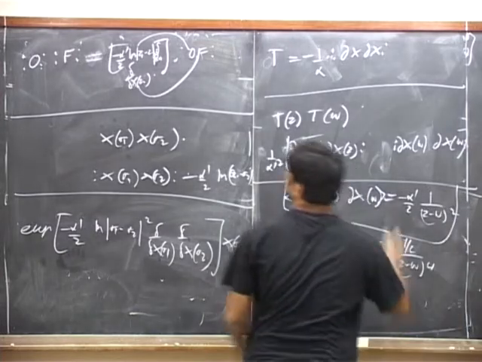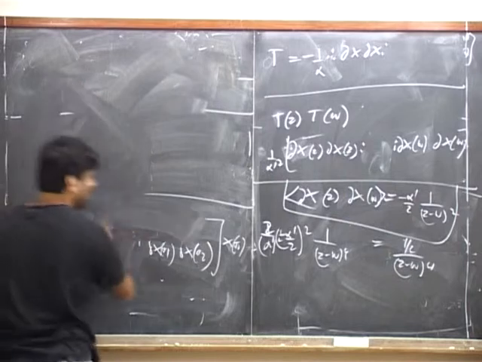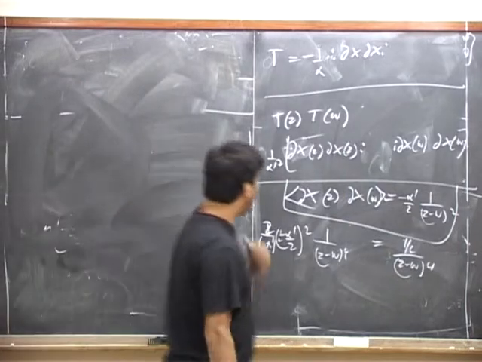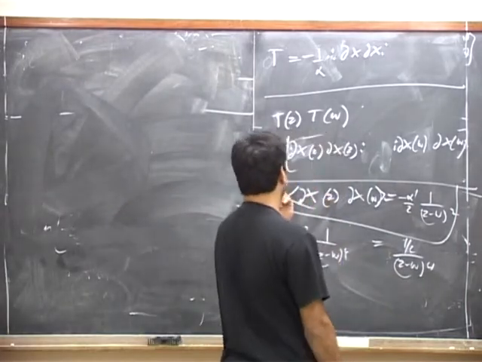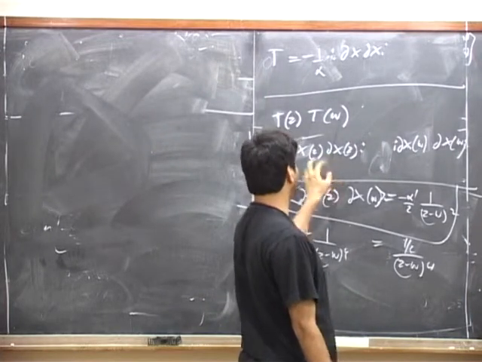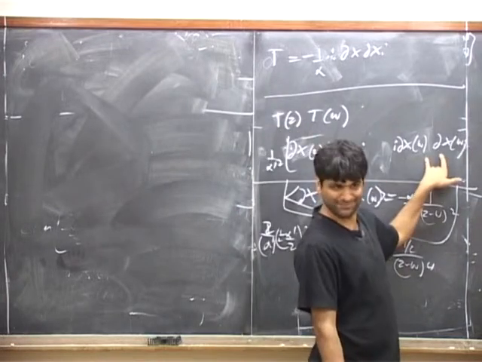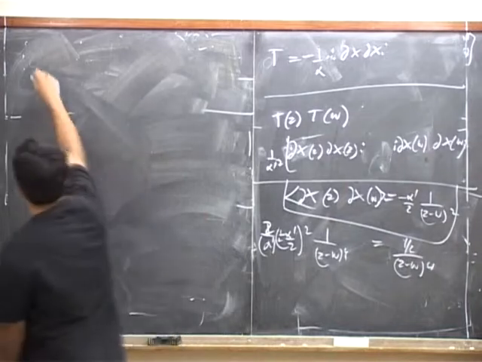Well, in that term, we have a factor of 4 because we have two ways of choosing which to contract here, two ways of choosing which to contract here. So firstly we have a factor of 4.